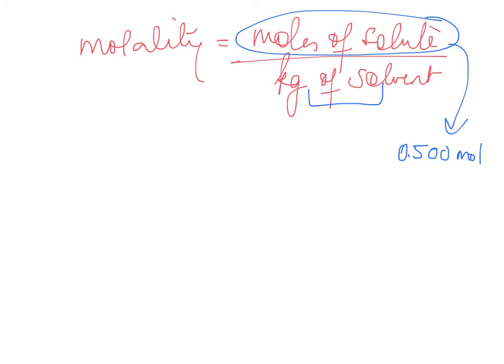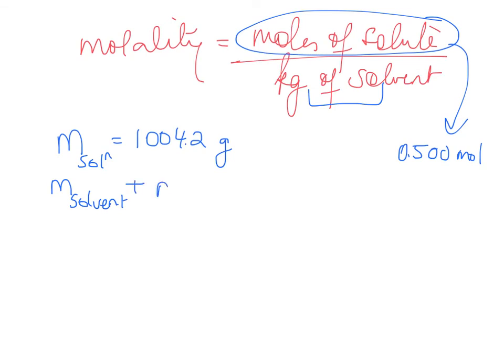Just a couple minutes ago, I also determined that the mass of the solution is 1004.2 grams, right? Now, solution, recall, is a combination of the solvent plus the solute. So that together right now I know is 1004.2.